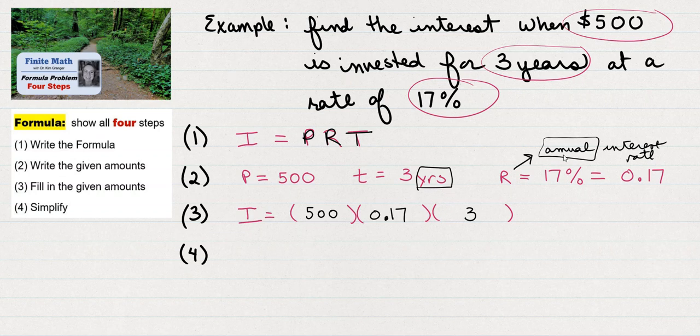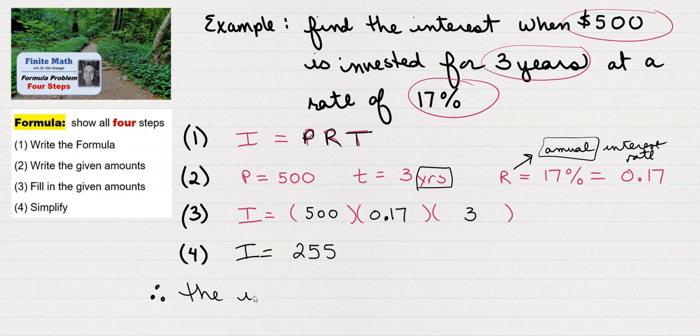And then last, to simplify this, I'm going to do the calculation. 500 times 17 hundredths, so that's 0.17, times 3 is 255. Now I'm going to add a 5th step, but it's not really the formula step, it's just that any problem solving has this final step, which is to answer the question.